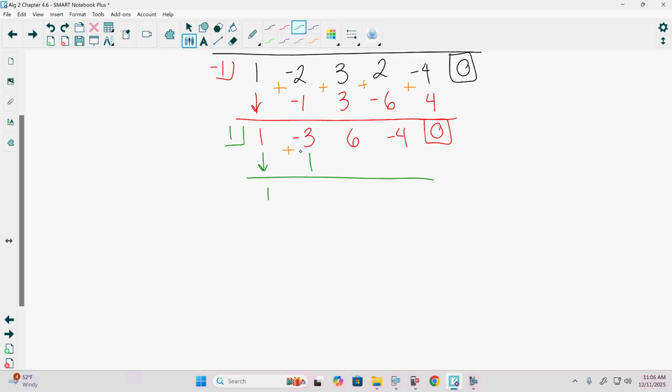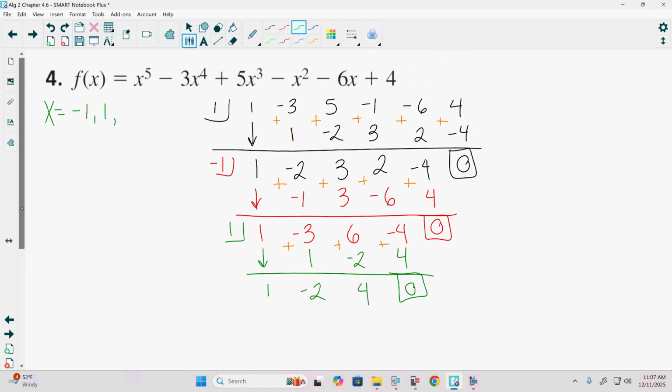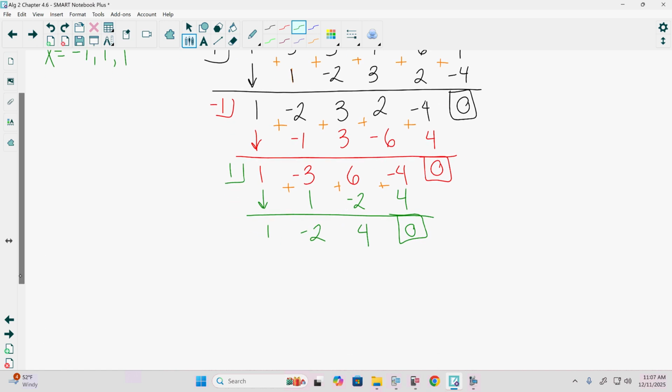Negative 3 plus 1 is going to be negative 2. 1 times negative 2 is going to be negative 2. 6 plus negative 2 is 4. 1 times 4 is 4. And negative 4 plus 4 is indeed 0. So it did work out that positive 1 worked twice.